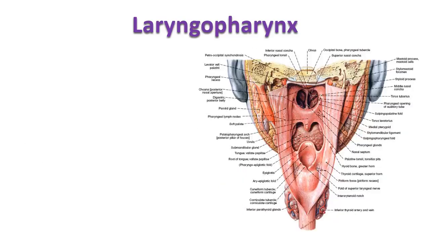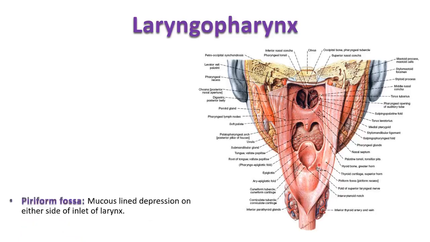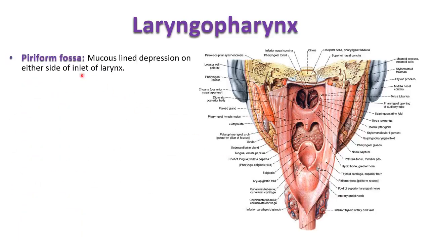Now, what are the main features you come across in the laryngopharynx? On the lateral wall, you see a deep depression or fossa-like structure called the pyriform fossa, a mucus-lined depression on either side of the inlet. When you swallow, the bolus of food passes on either side through these food channels, or of course it might also pass over the epiglottis.